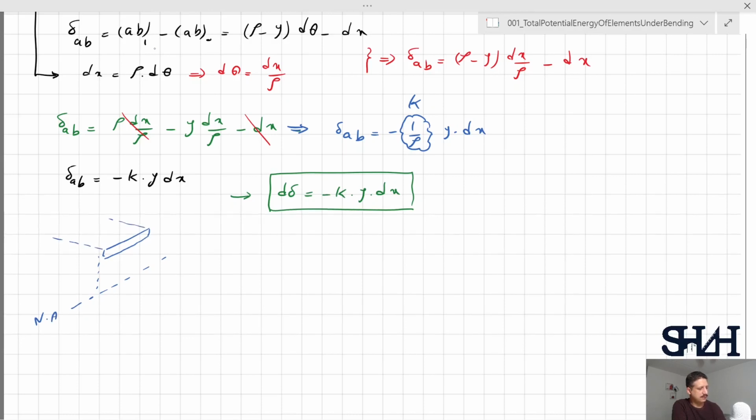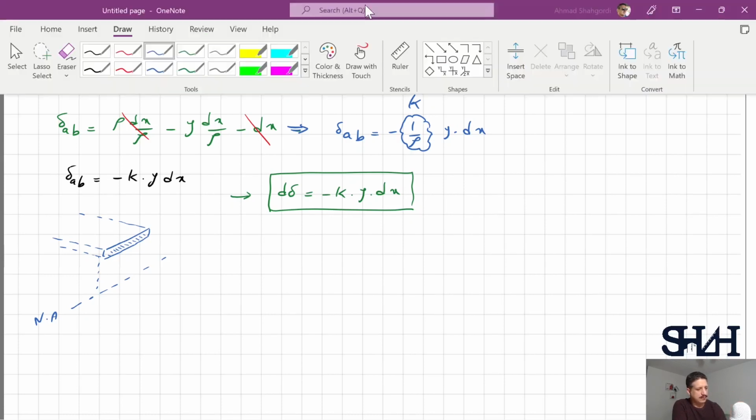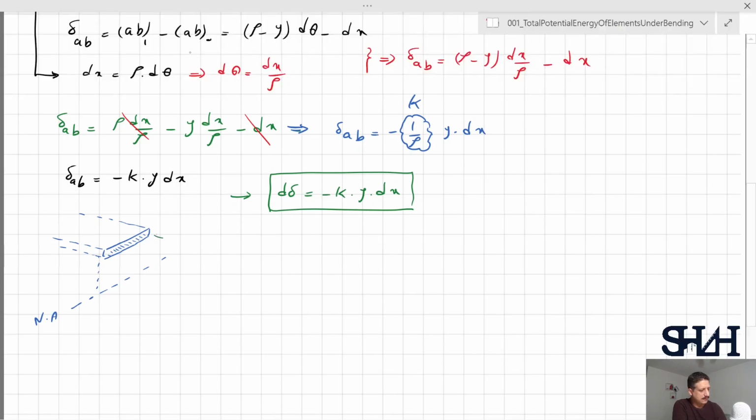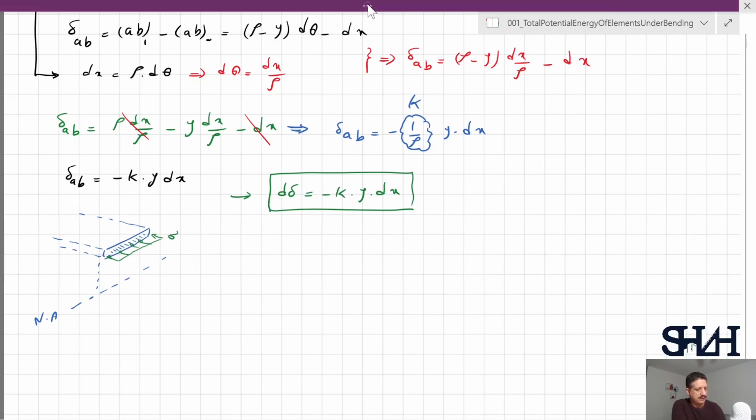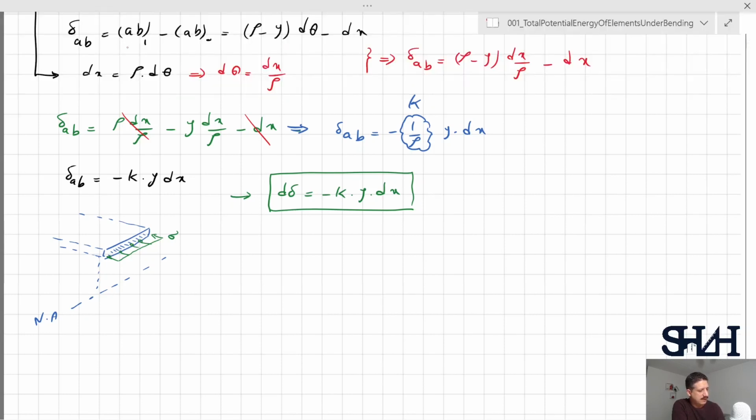It doesn't matter what kind of shape we have, and assume that after applying the bending moment, this part is under stress. And we can assume that the area of this element is dA at the distance of y.